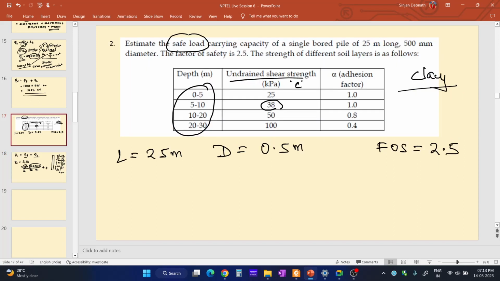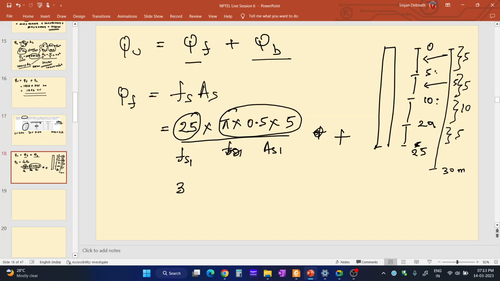So alpha into C is 38, this is Fs2, multiplied by the surface area of this segment from 5 meter to 10 meter depth. It is pi into d, that is 0.5 meter, into the thickness of this segment, that is 5 meter. This one is As2, this one is Fs2.